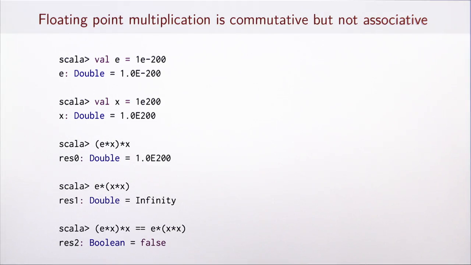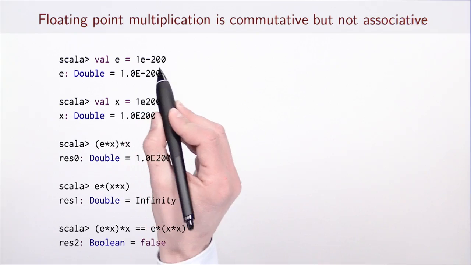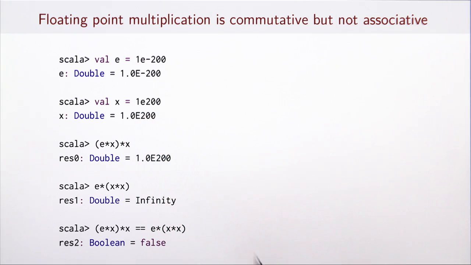Equally simple examples allow us to illustrate that multiplication is not associative either. Here, in fact, we can use some of the same arguments. So e times x versus e times x squared. For appropriately chosen values of e and x, this evaluates to false. We can again pick e to be a very small positive number and x to be simply a very large positive number.